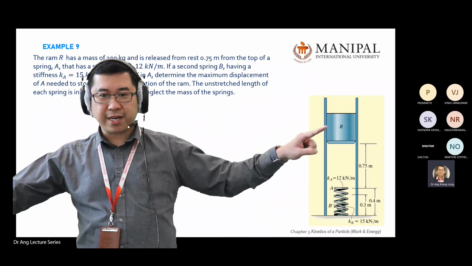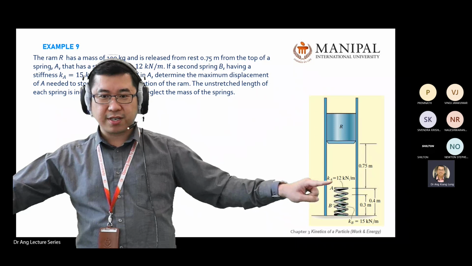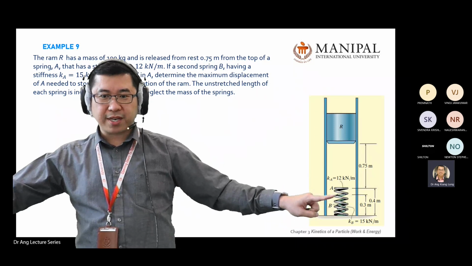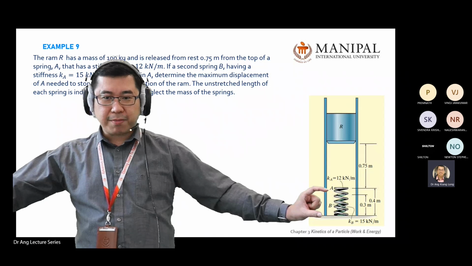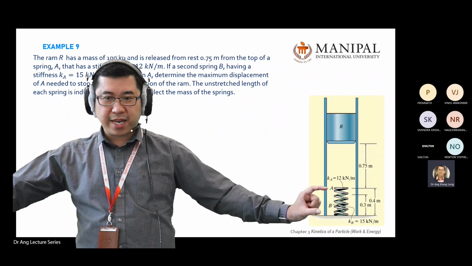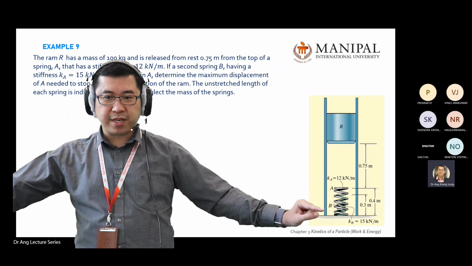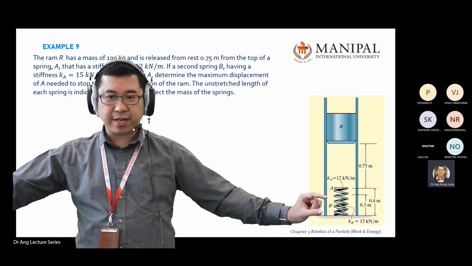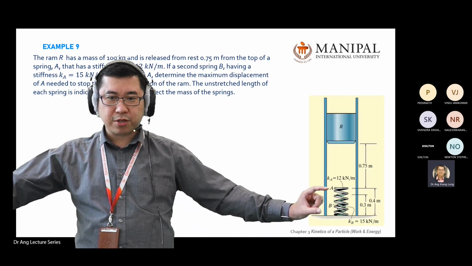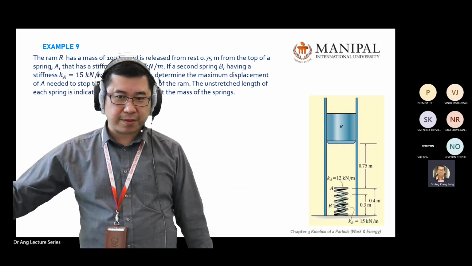So the 100% mgh is going to transfer to A and B at the same time. So the question asks, what is the maximum A can move with B? With B, the stopping power of A and B together, what is the maximum displacement of A?